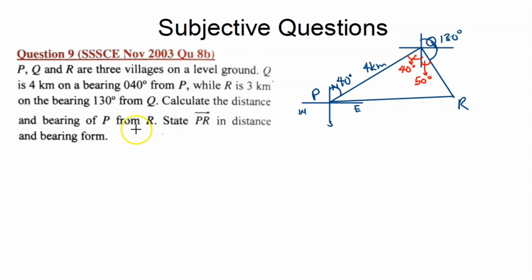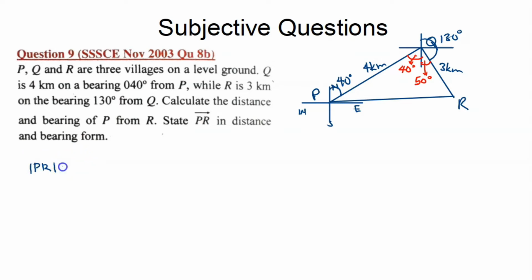So to find the distance between P and R, we can use the Pythagoras theorem. I forgot to bring our 3 kilometers distance, so 3 kilometers is here. Using the Pythagoras theorem, since the 90 degrees is facing the side PR, PR becomes our hypotenuse.